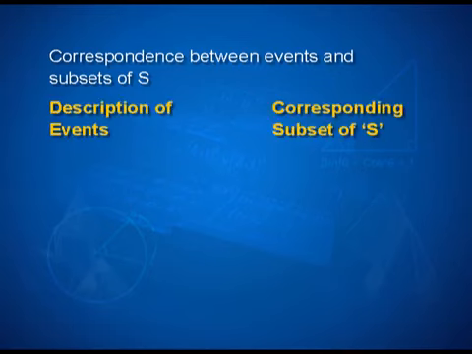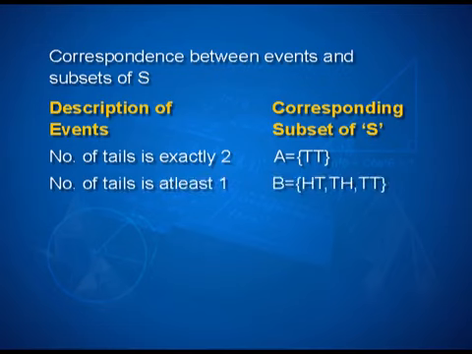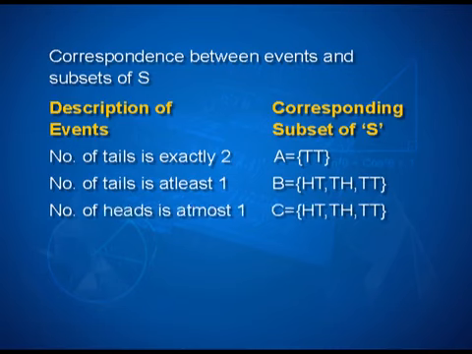Look at this, we have description of the event and the corresponding subset of the sample space S. Number of tails is exactly 2: A = {TT}. Number of tails is at least 1: B = {HT, TH, TT}. Number of heads is at most 1: C = {HT, TH, TT}.